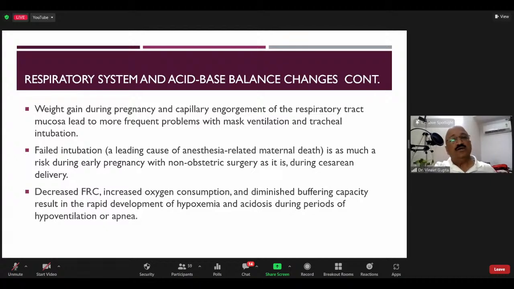It's better to start with a bougie, because there is no point trying once, traumatizing the mucosa, and then trying a second time with the bougie or stylet. It's better to start with the bougie and go in one go, because intubation done in the first go is the best policy in a pregnant patient. Never try repeatedly. Use the most experienced hand for the intubation.